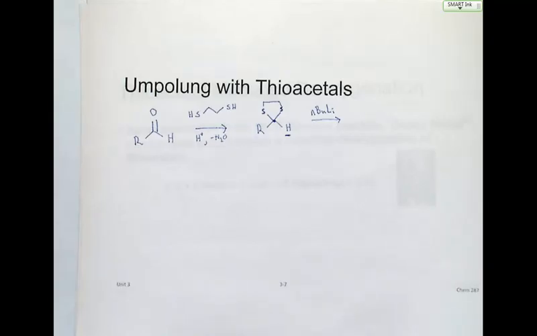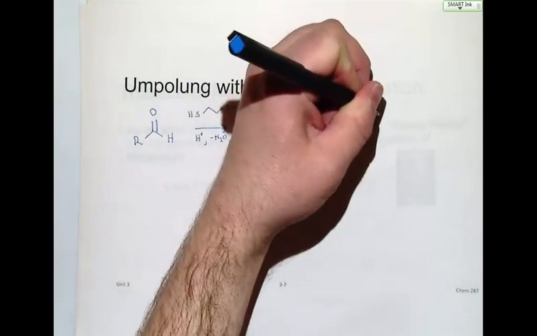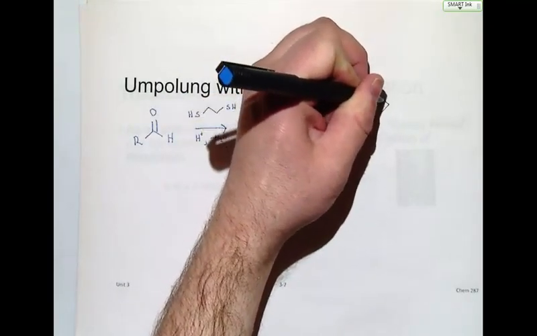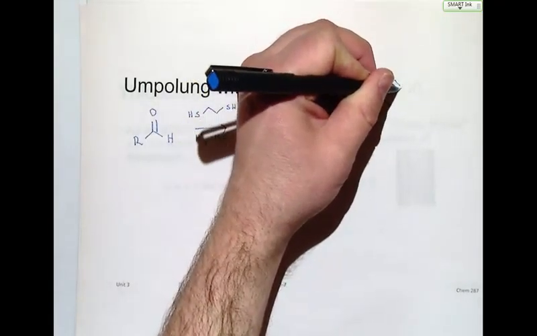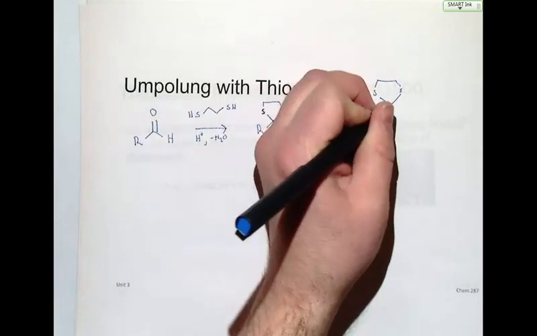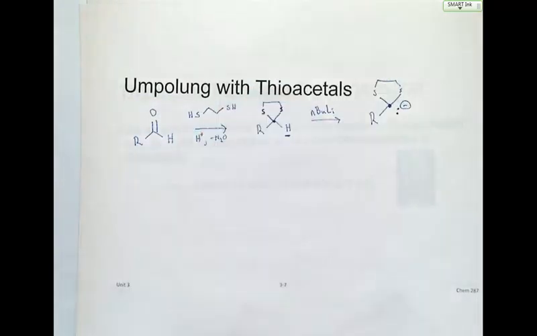And this proton can be removed to give you an anion at what was the carbonyl carbon. So now we have a nucleophilic carbonyl compound. And we can react that with another carbonyl compound.